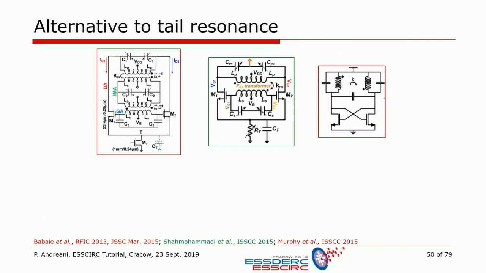There are also alternatives to this explicit additional L tail, or in that case, a transformer, for resonating the parasitics at twice omega 0.